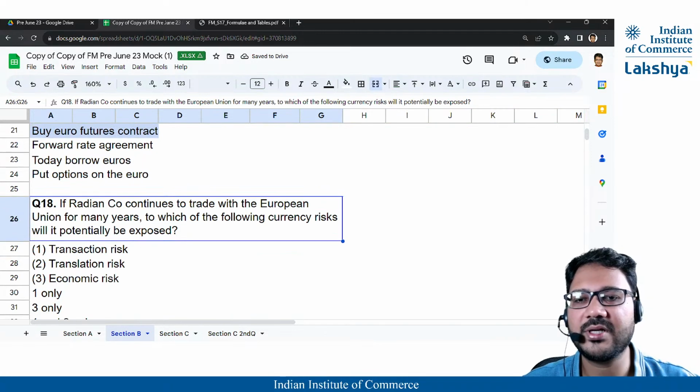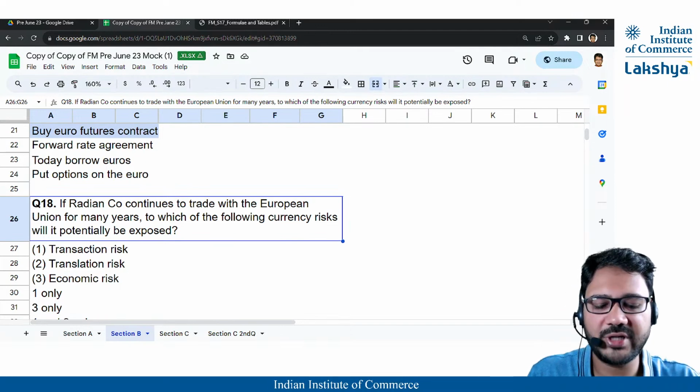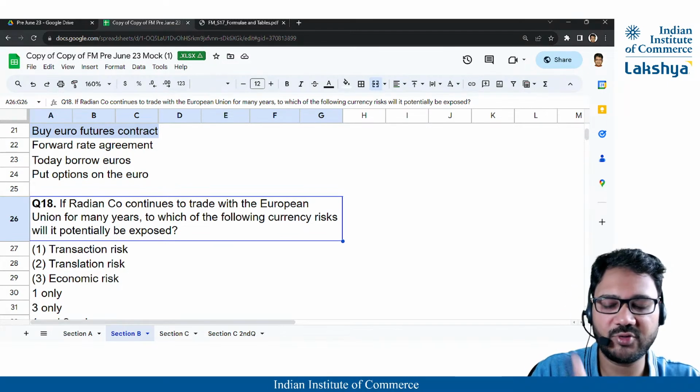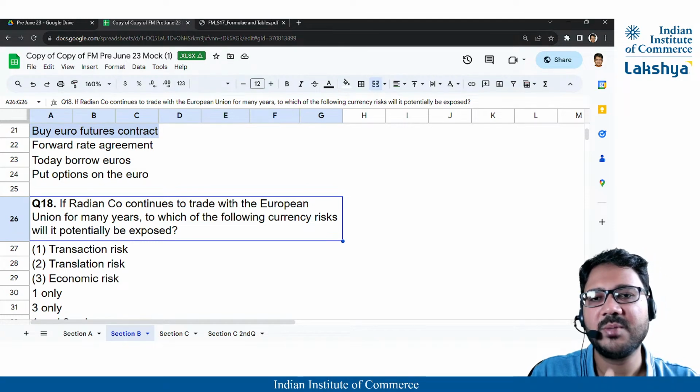Now, Radian company continues to trade with the EU for many years. To which of the following currency risks will it potentially be exposed: transaction risk, translation risk, and economic risk? Transaction risk: if the invoicing is done today and the settlement happens on a later date, between these two dates the exchange rate could change.